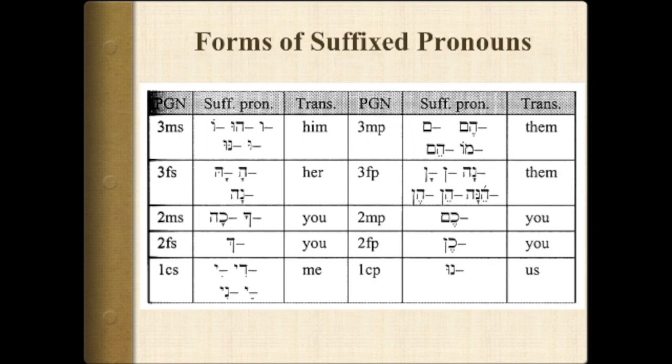Some of these occur on singulars, some of them occur on plurals, some of them are only used with verbs, etc. But this gives you an idea that there are a number of these pronominal suffixes that can be attached to words that are pronouns. They take the place of him or his or her or their or them, etc.